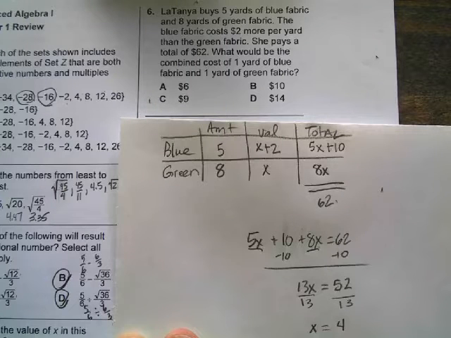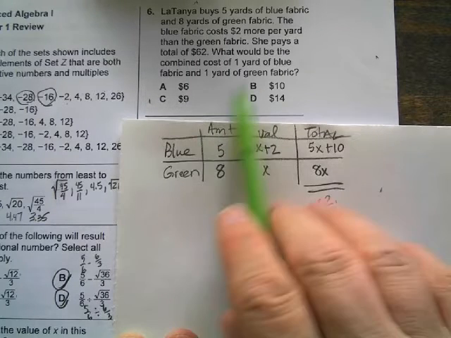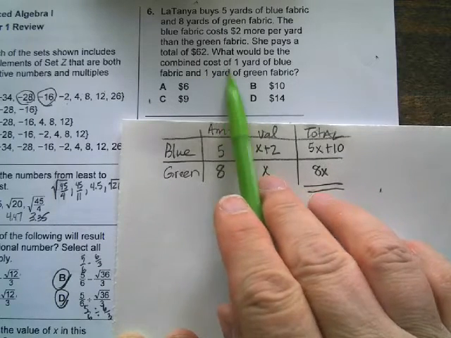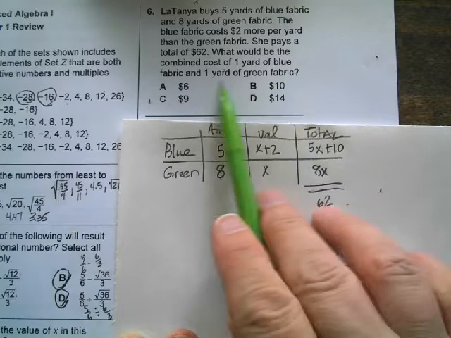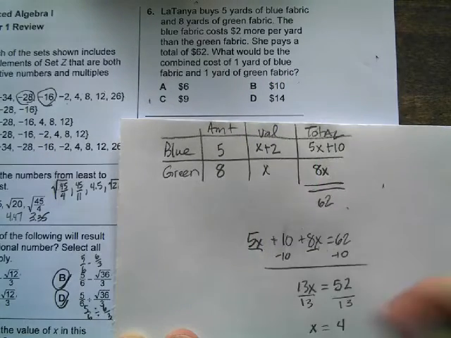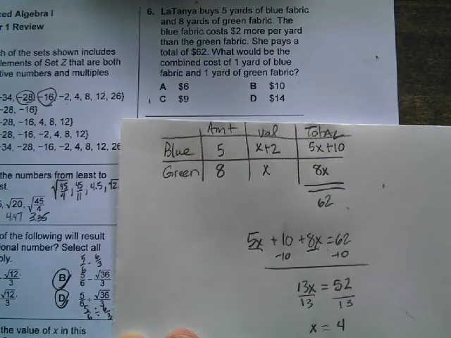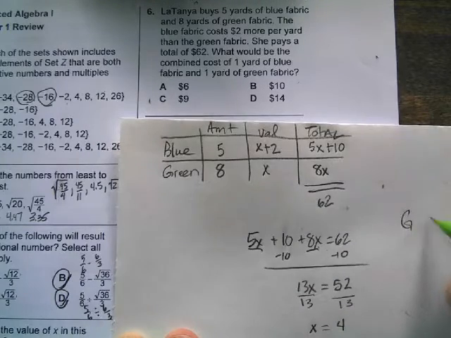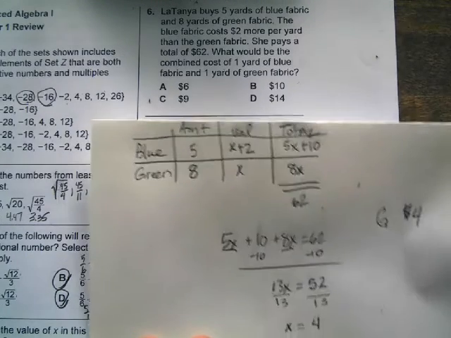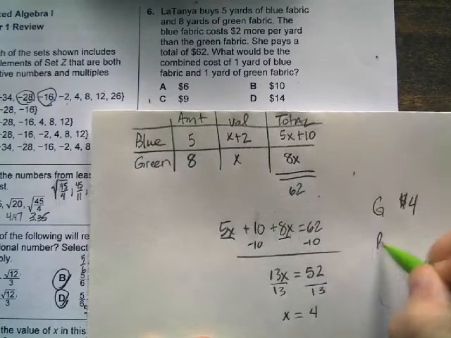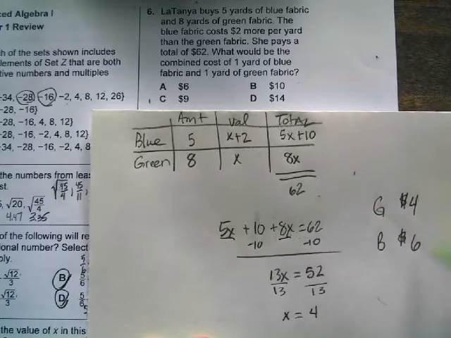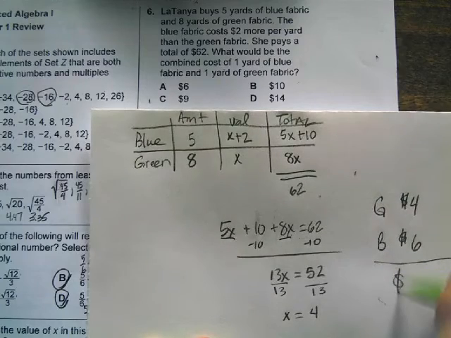And so now we go back to the question: what would be the combined cost of 1 yard of blue fabric and 1 yard of green fabric? So the green fabric is $4 per yard, right? We discovered that. And the blue fabric is $6 per yard. So if I bought a yard of each, that would be $10.